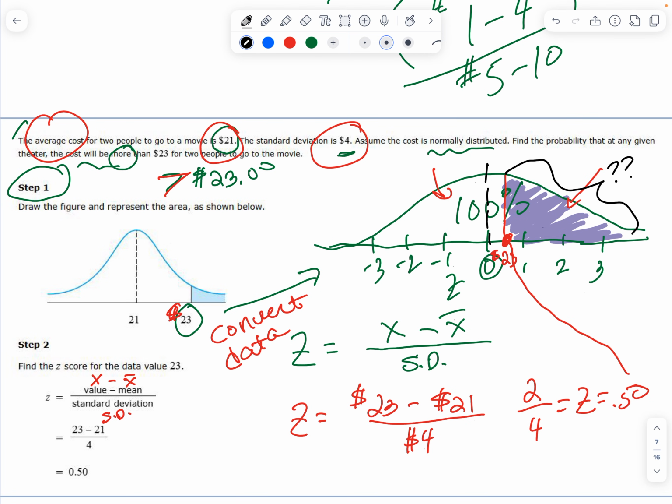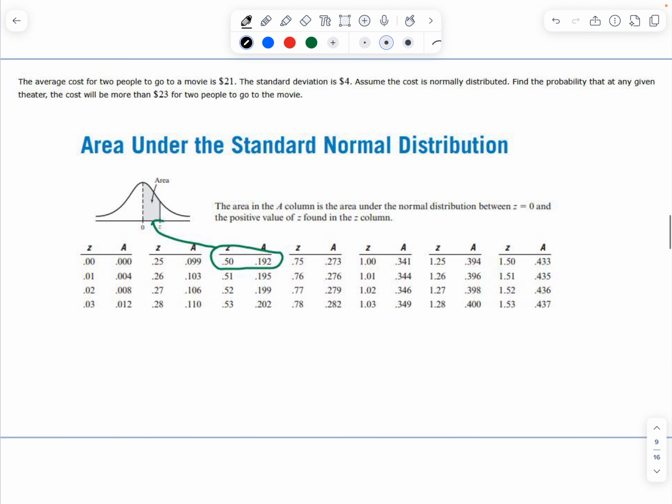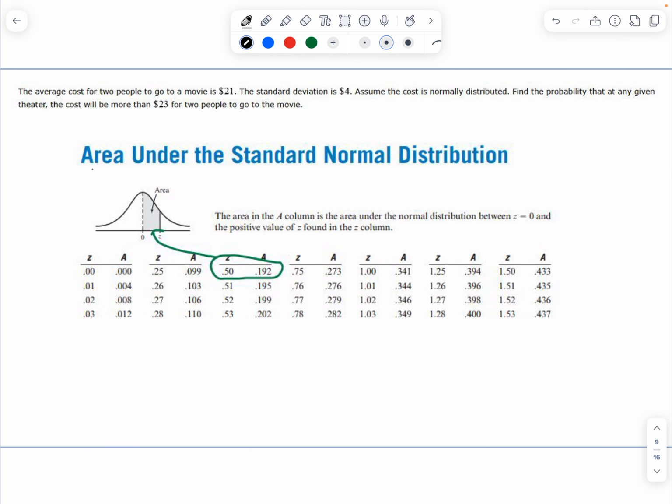Once we have our z-score, we can go to our area chart. The area chart that we're going to be using is this one right here. This area chart is a little different than the chart you use for questions 1 through 4. This shows area from the center to the z-score.